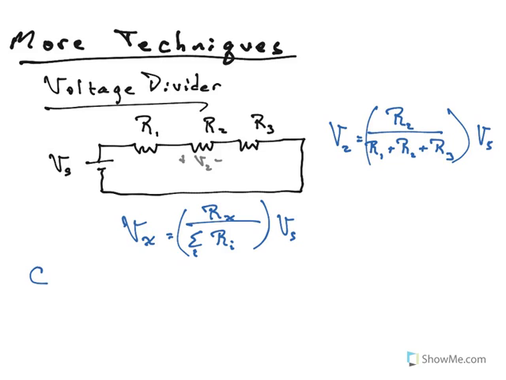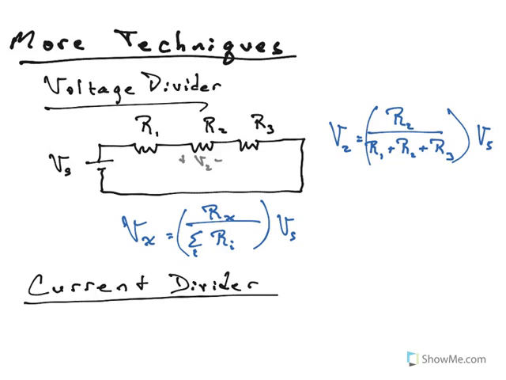Current divider, similarly, allows you to take a group of resistors that happen to be in parallel and calculate the current on a particular resistor.